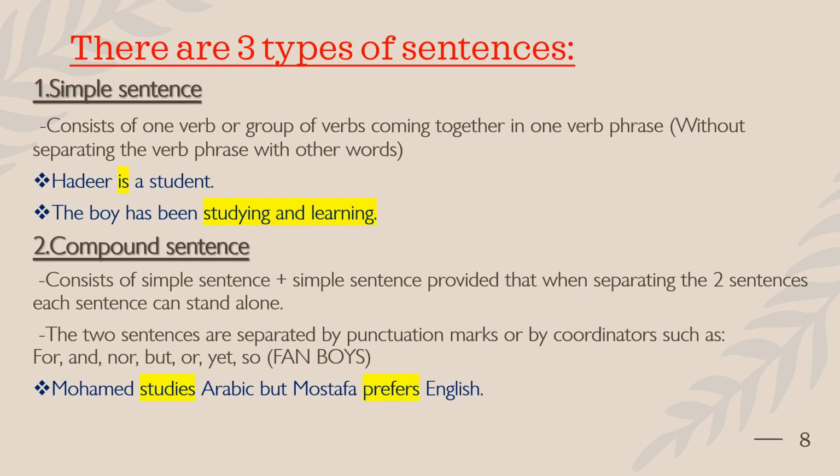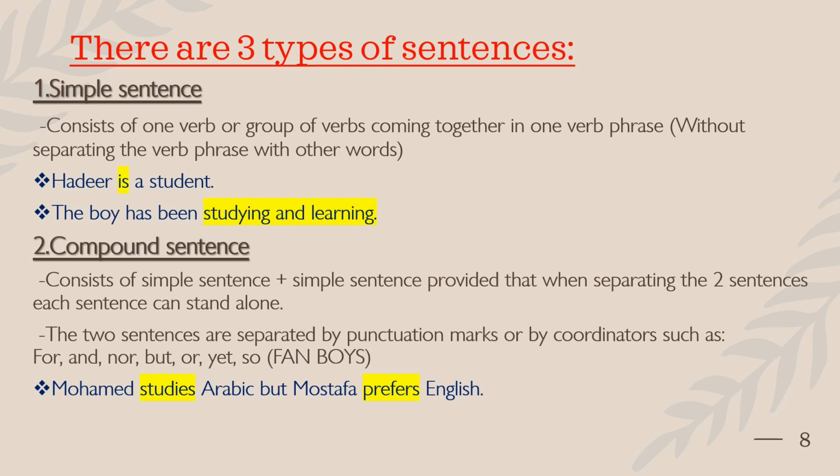The second type is the compound sentence. It consists of a simple sentence plus another simple sentence, provided that when separating the two sentences, each sentence can stand alone. The two sentences are separated by punctuation marks or by coordinators, such as FANBOYS, which are for, and, nor, but, or, yet, and so.